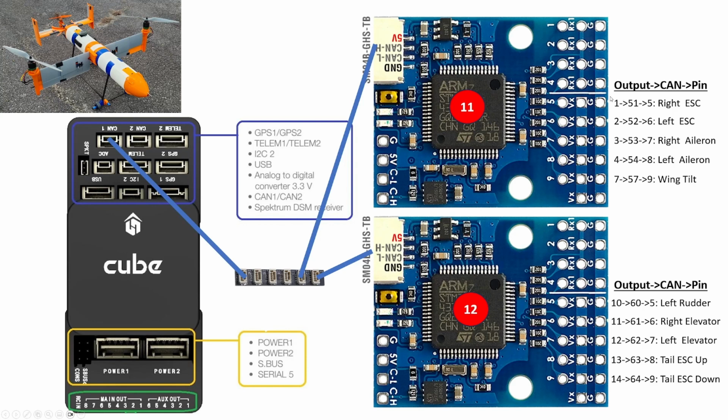Just know that the first output of the Simulink model is sent as actuator number 51 over CAN, and this board has to be configured to say that physical pin number 5 corresponds to output 51 on the CAN network in this case. Same thing for everything else.